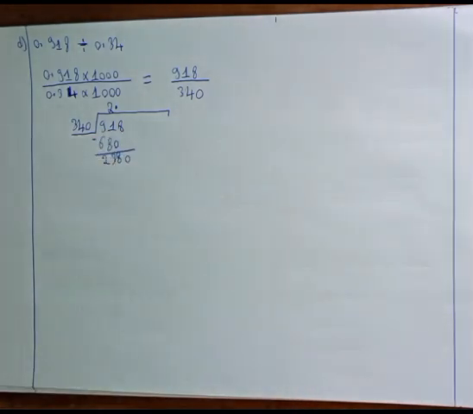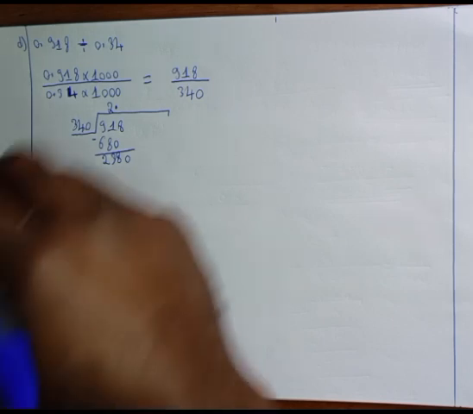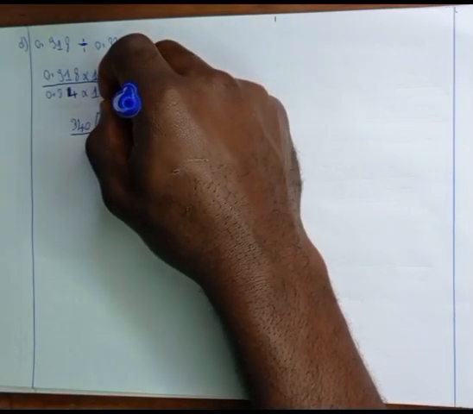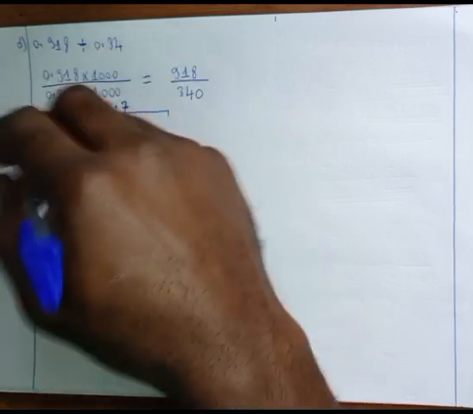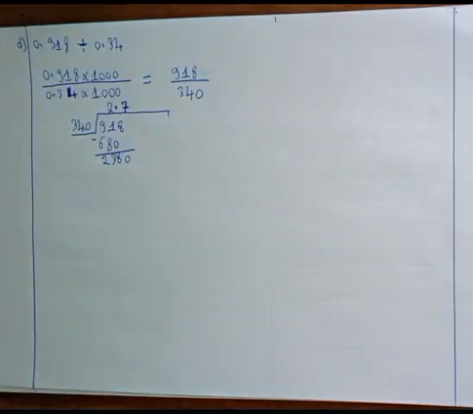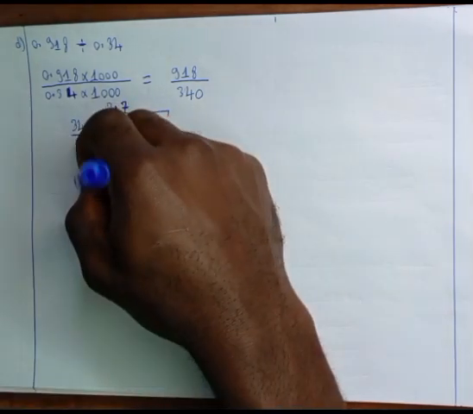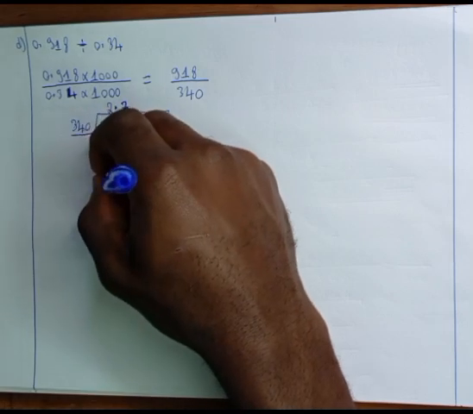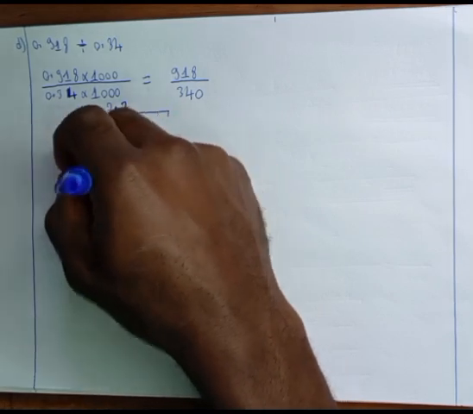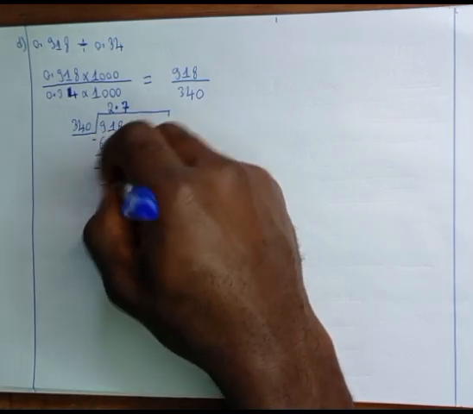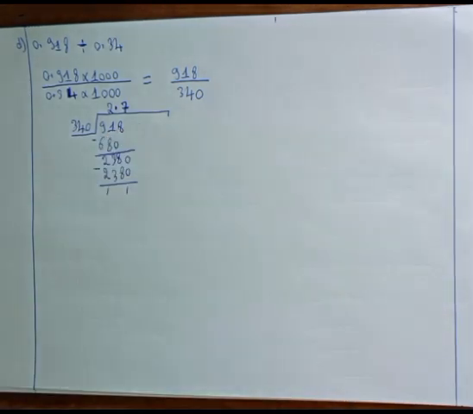Next, 2,380 divided by 340 gives us whole number part of 7. Next, we take 7 times 340, which is simply equal to 2,380. If we subtract, we are going to obtain 0.